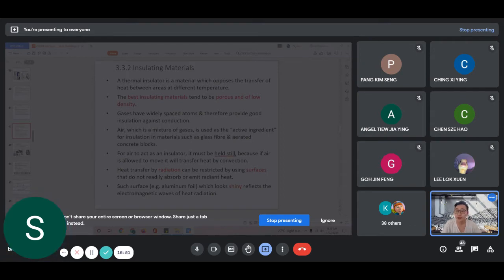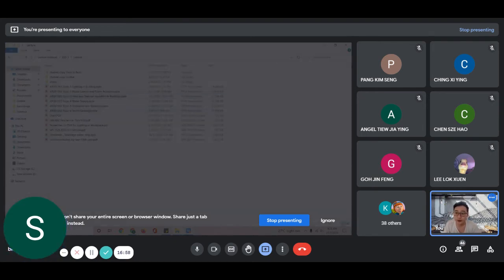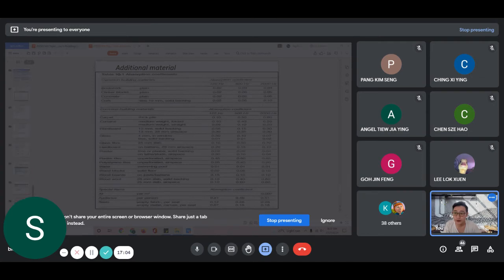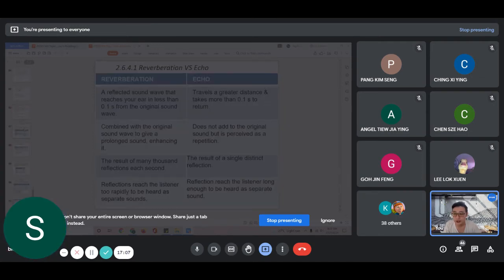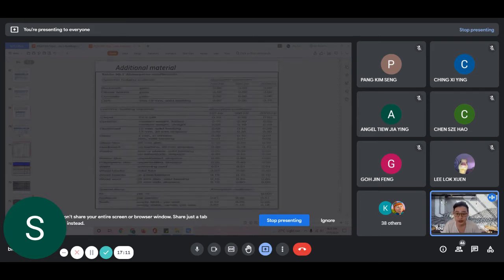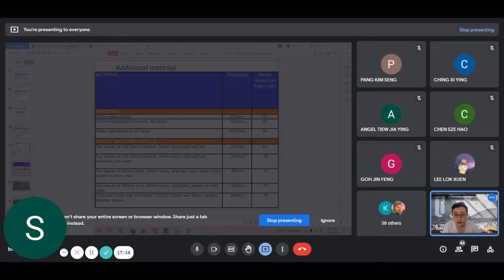So if you remember the previous topic, when it comes to noise control, we have a table of something like this, meaning a cavity.